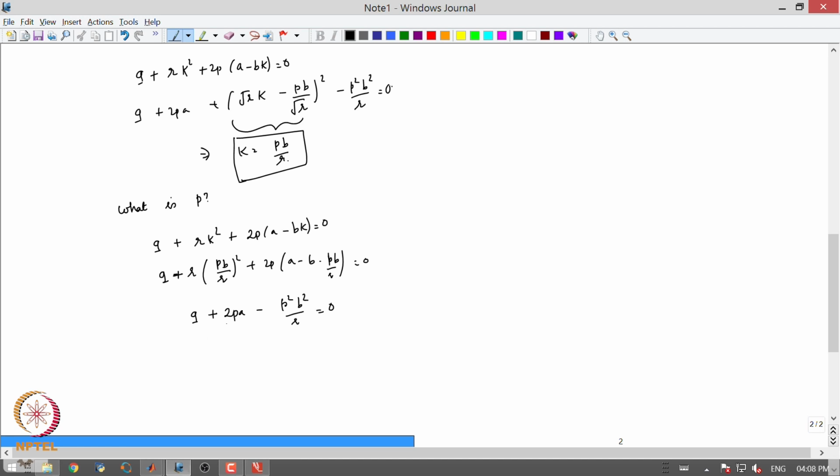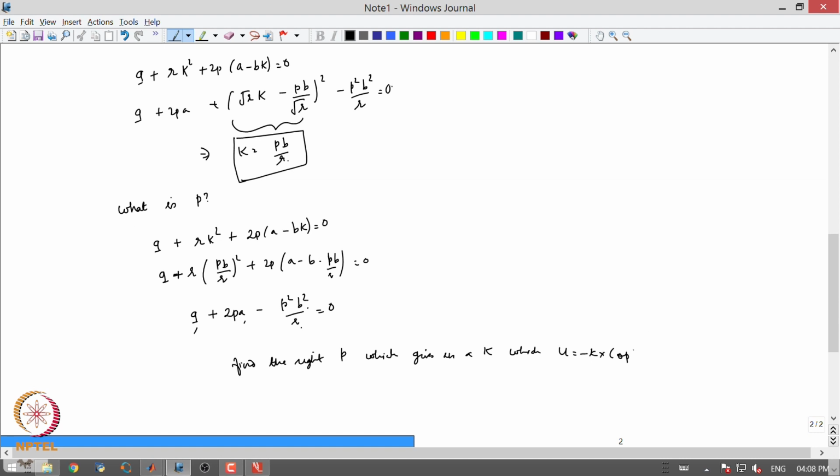So, in this q is known to me, a is known, b is known, r is known, and I can find an appropriate p. Find the right p, which gives me a k, which can be used to compute the optimal control law u equal to minus kx.